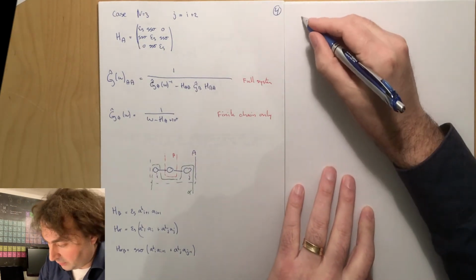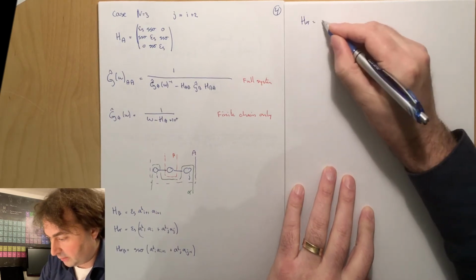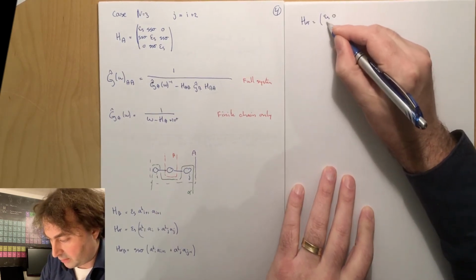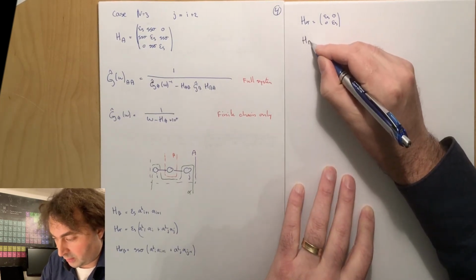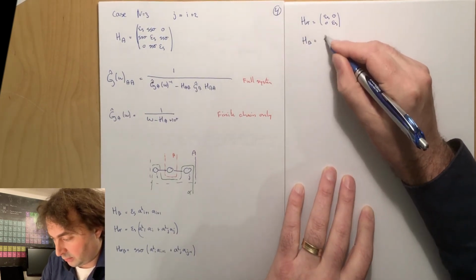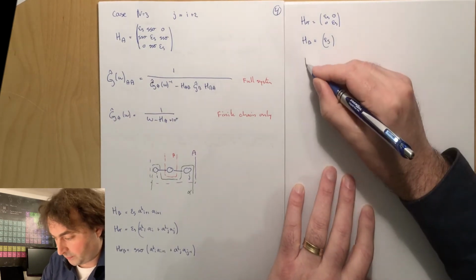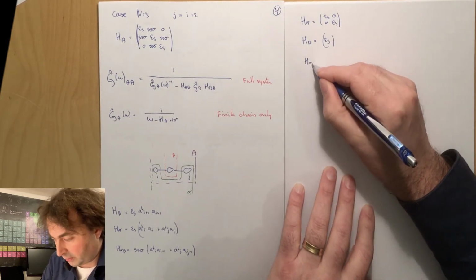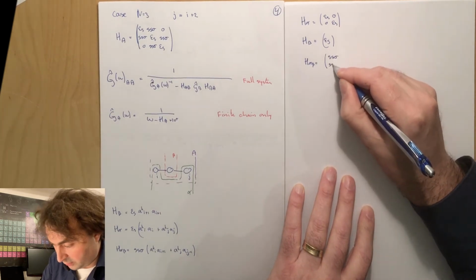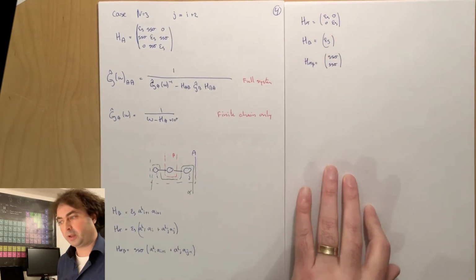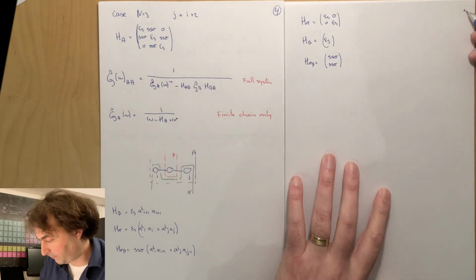In matrix form, we have H alpha is equal to epsilon_s, 0, 0, epsilon_s. H beta is just a 1 by 1 matrix. And the coupling between them is then a 2 by 1 matrix with the hopping amplitudes as sigma.